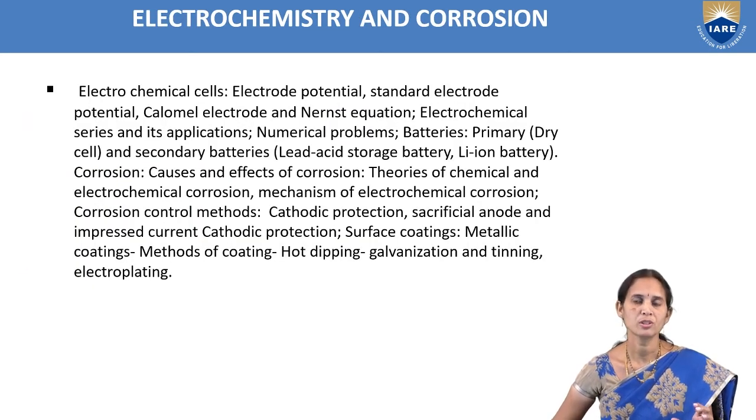We learn electrode potential, standard electrode potential, calomel electrode, Nernst equation, electrochemical series, and batteries, and we learn about different theories of corrosion, chemical corrosion, electrochemical corrosion, and how to protect against corrosion by cathodic protection, surface coatings, galvanizing technique, and electroplating.